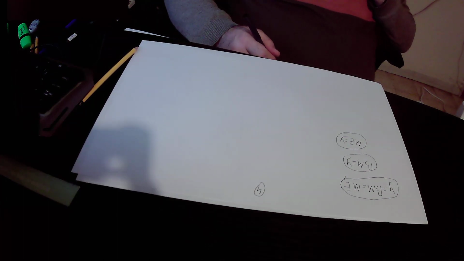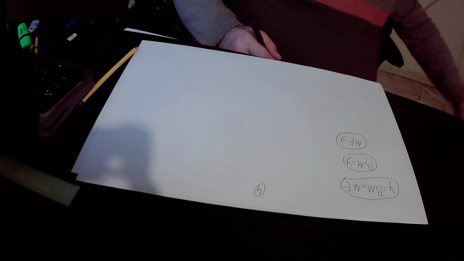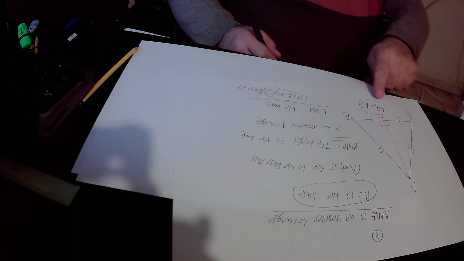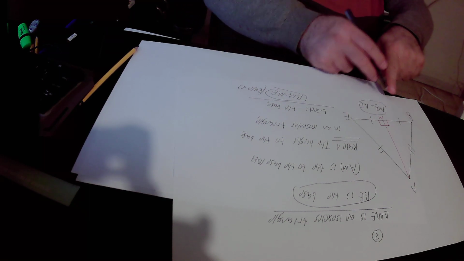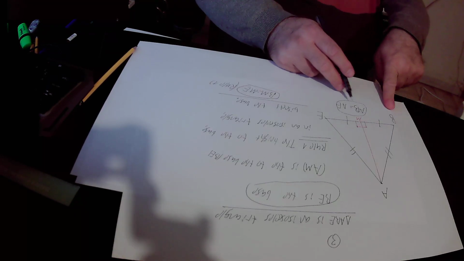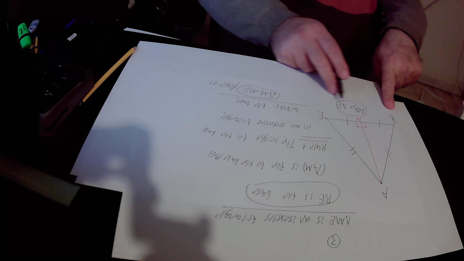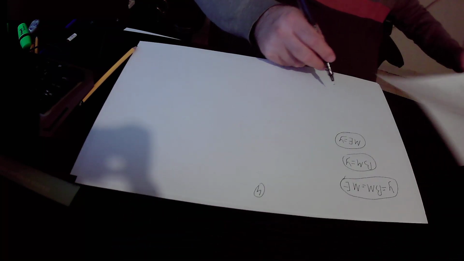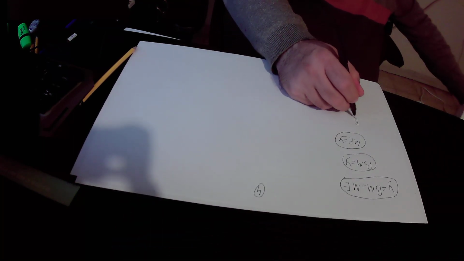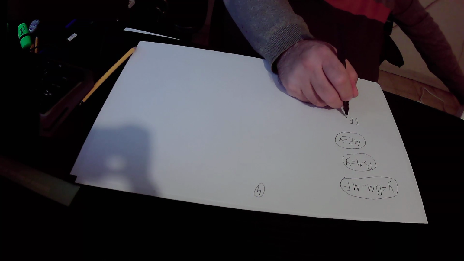So actually we can see from this drawing that from one side, BE is equal to BM plus ME.